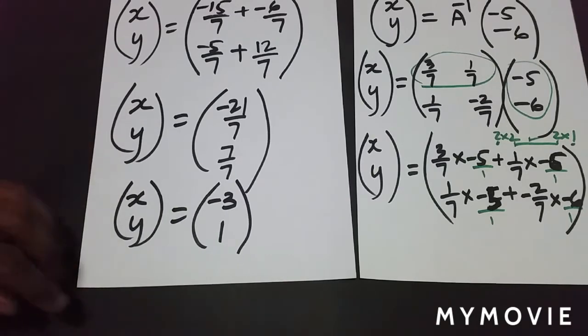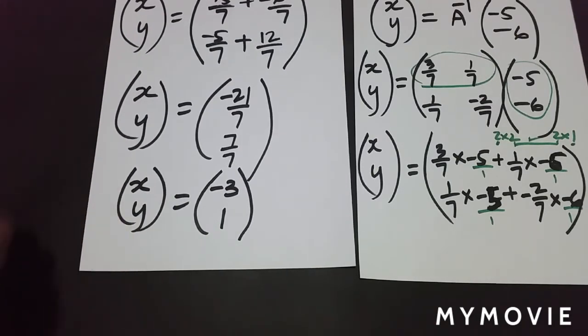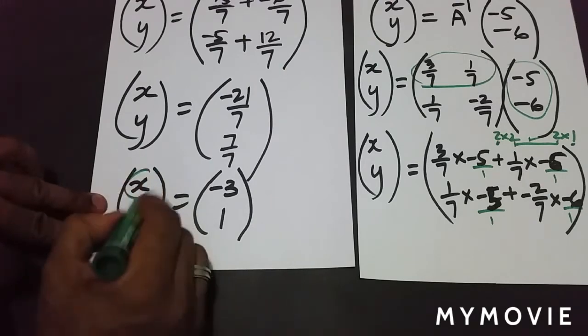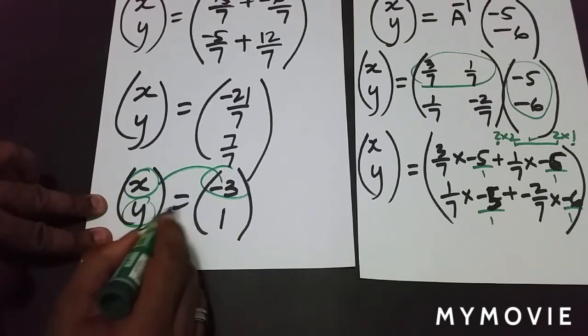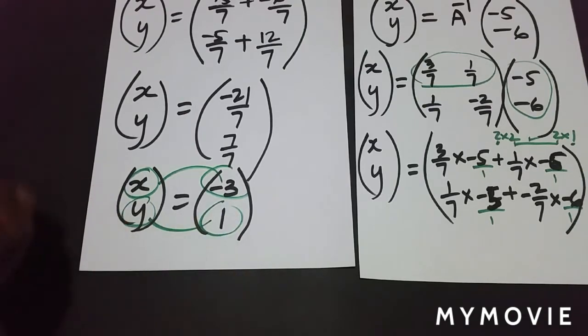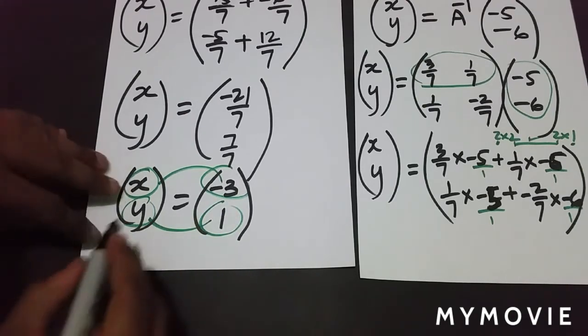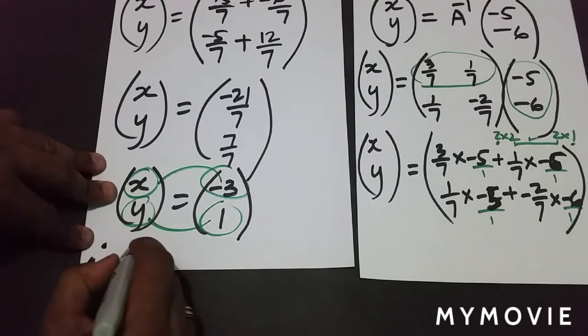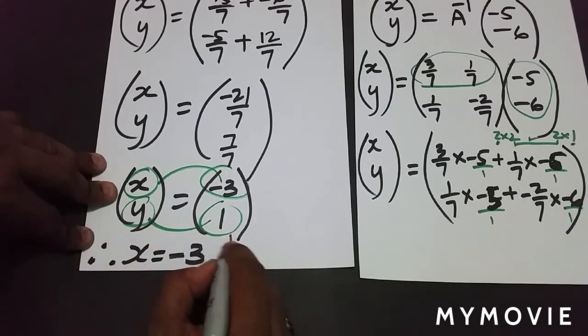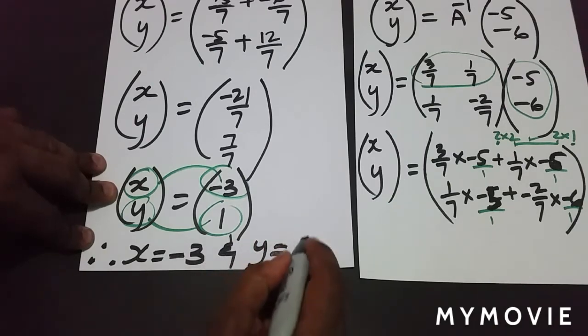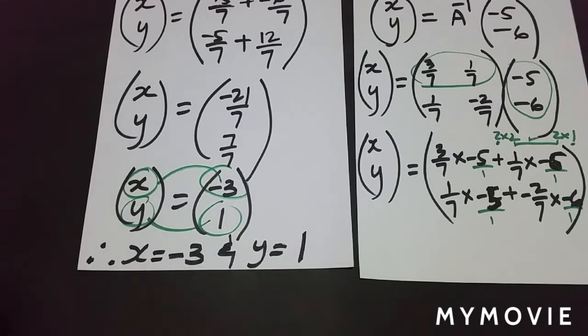So based on equal matrices, this element here would be equal to that element, and this element here would be equal to that element. So what that means is, therefore, x equals negative 3 and y equals positive 1.